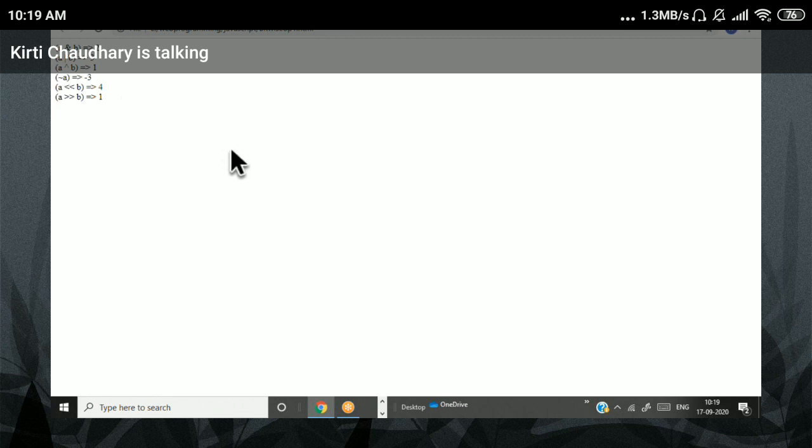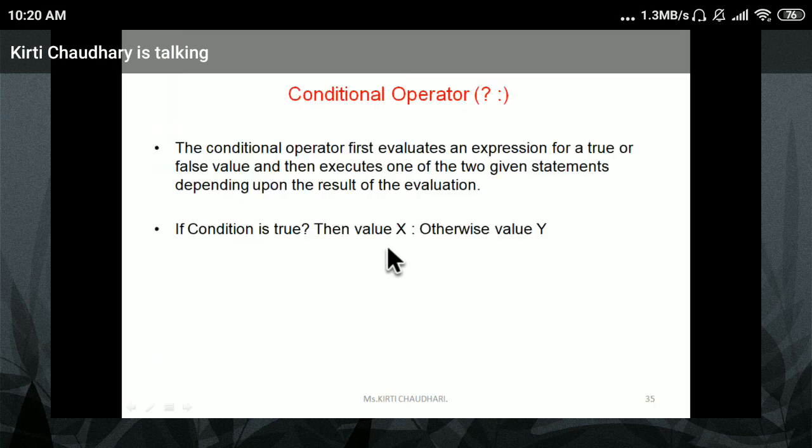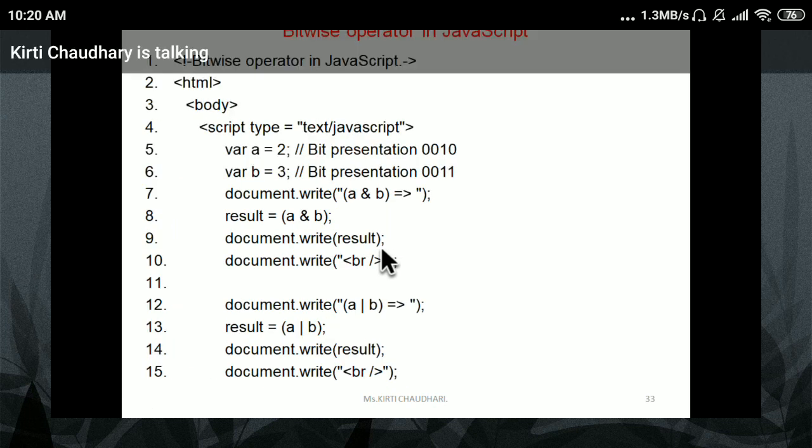Then left shift: 2 shifted to the left side, so you'll get output as 4.